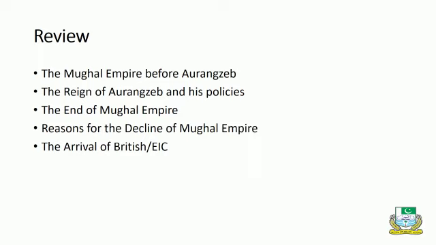Then the reign of Aurangzeb and his policies in detail, the end of the Mughal Empire, the causes of the decline of great Mughal rule, and the arrival of the British in India, and the role of East India Company in establishing British rule in India.